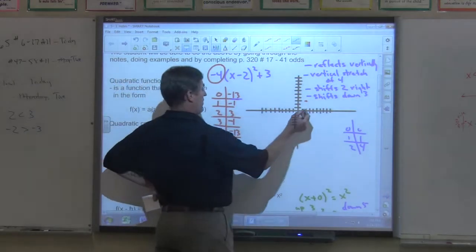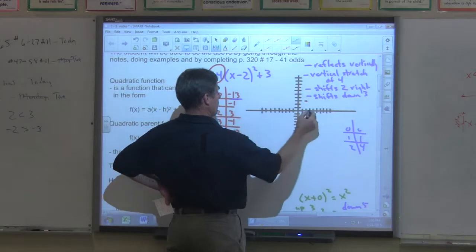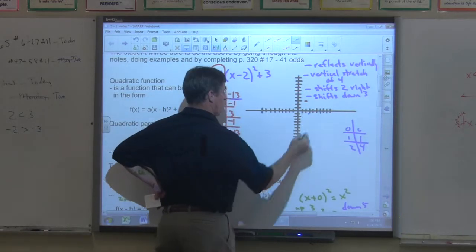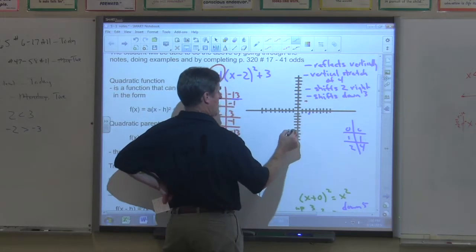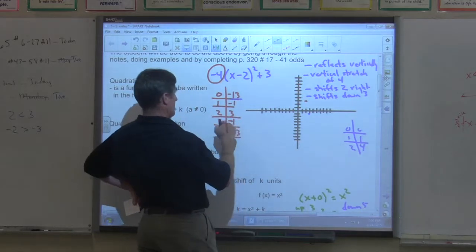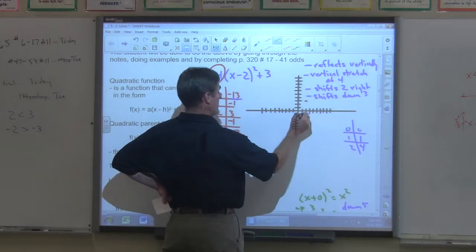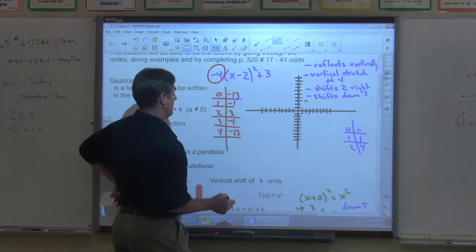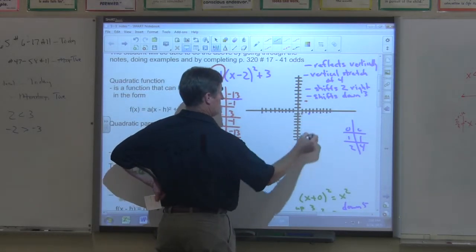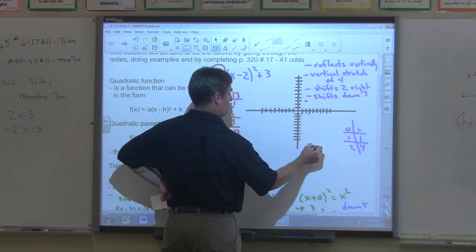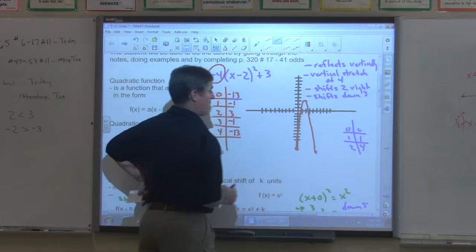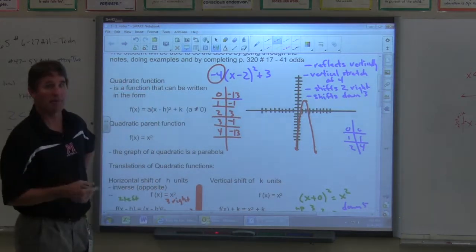So we now know at 3, we're at negative 1, and at 1, we're at negative 1. And then at 0, we're down here at negative 13, approximately there. Your graphs don't have to be perfect. So it looks like that, and that's as complicated as you can get.